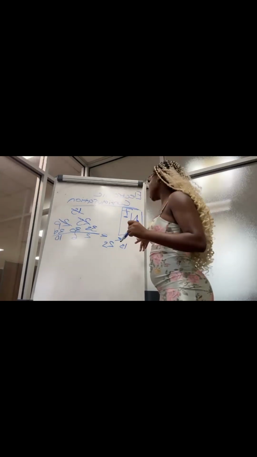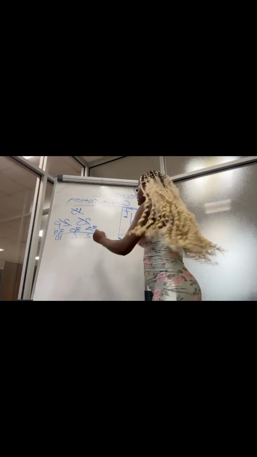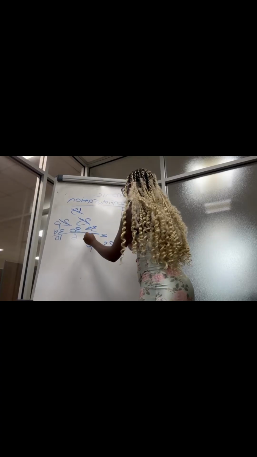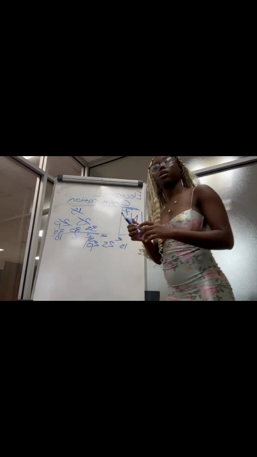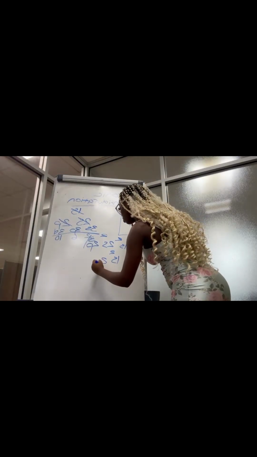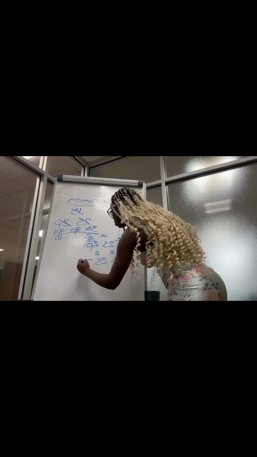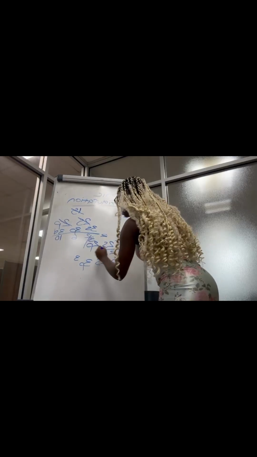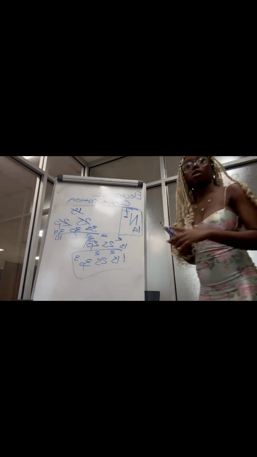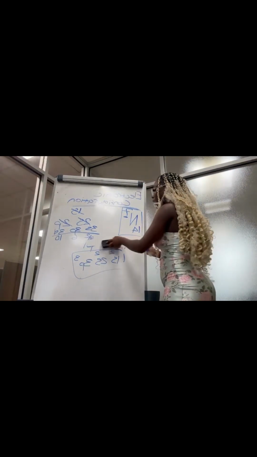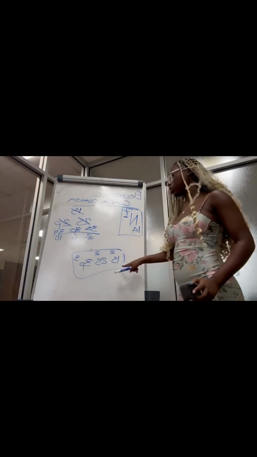So all you need is 3 more of this. So it would be 2p3. Let me write it more down here. 1s2, 2s2, and 2p3. And that is how you do that, and that will be your answer.